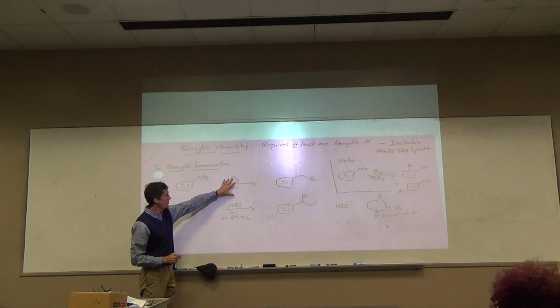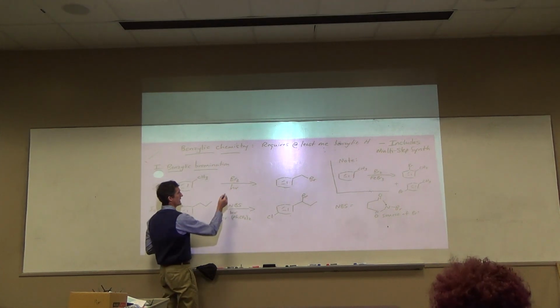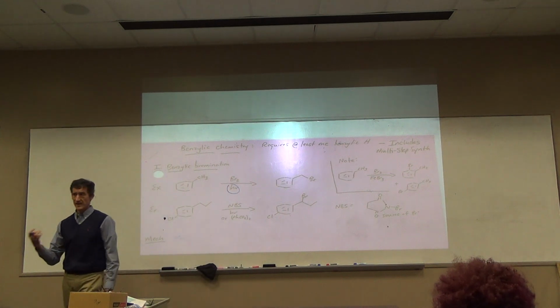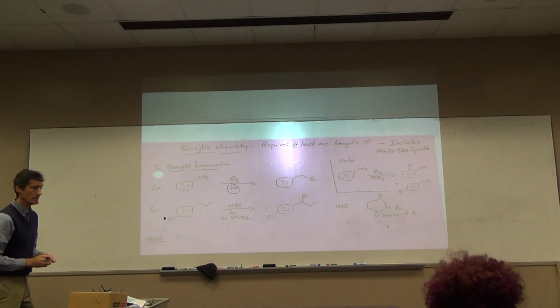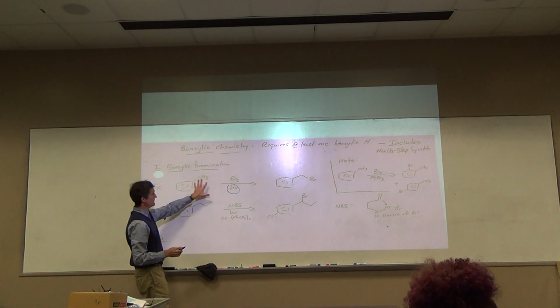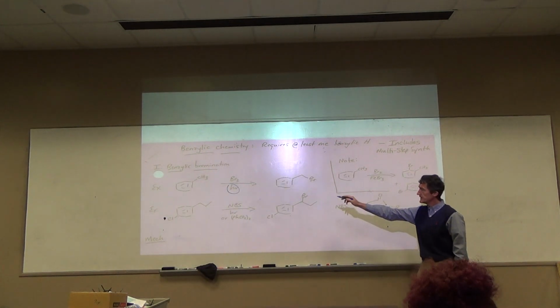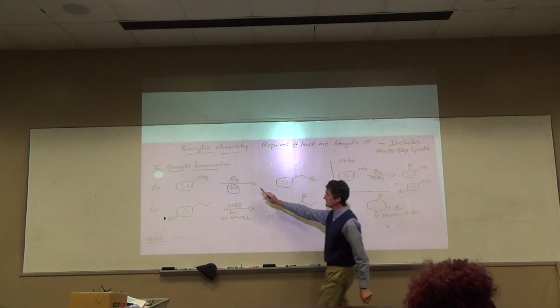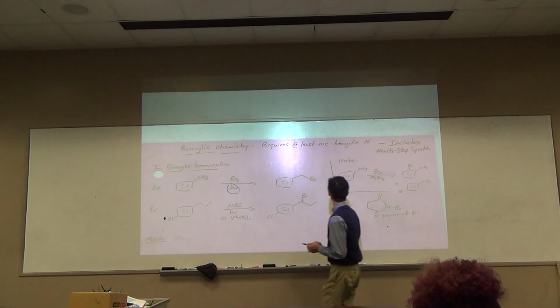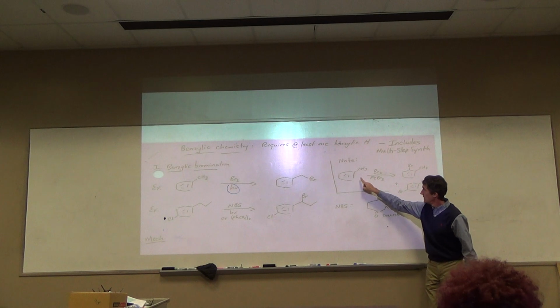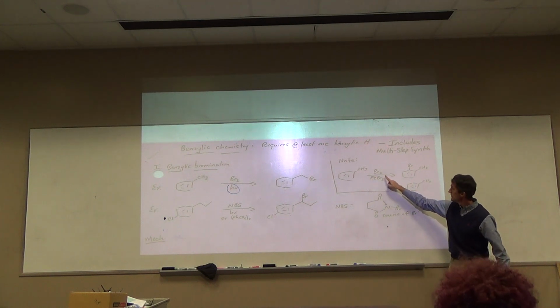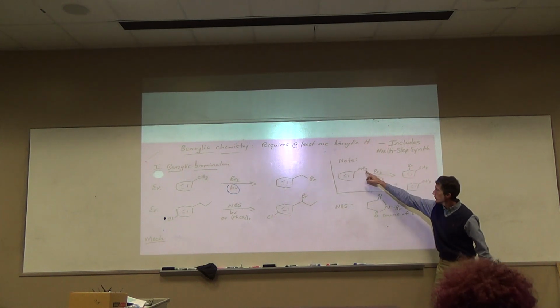You can do this with bromine. Okay? But you want to have light. Very common radical bromination. You got to be careful here though, because with bromine we can also do an EAS. Right? Toluene. Methyl is an ortho-para director.